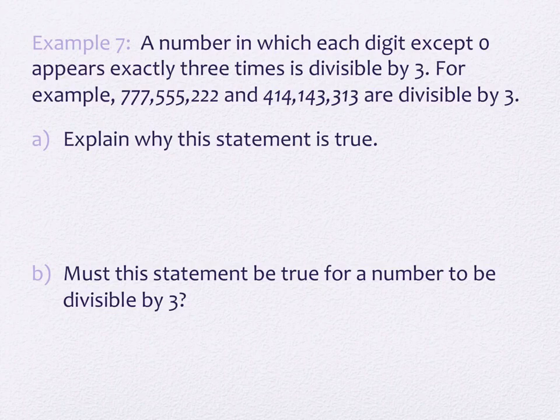To explain why this would have to be true. Because you add them, so they're going to be added together 3 times. Yes, so that means they'll divide by 3. Correct. You're exactly right. So I'm going to write that out. Because you're adding them 3 times.